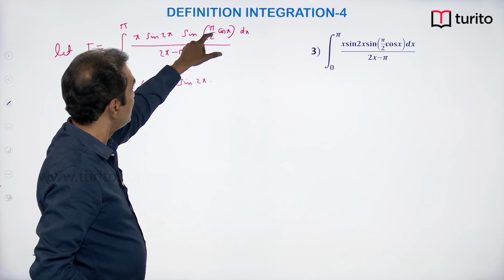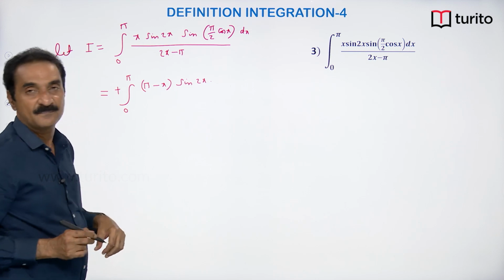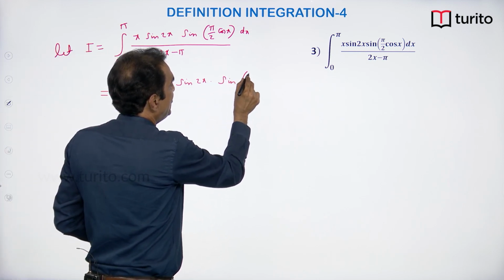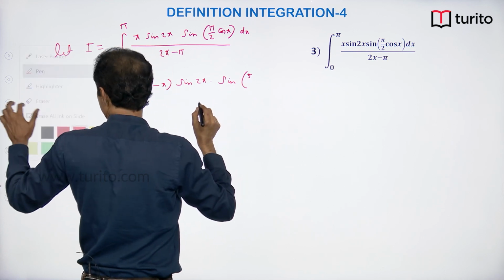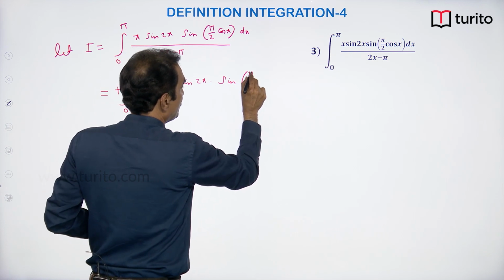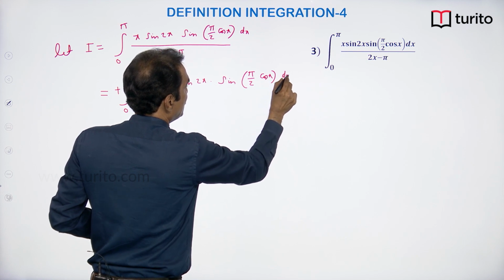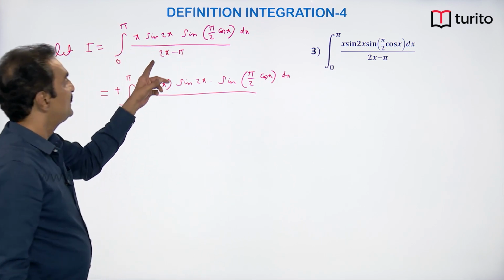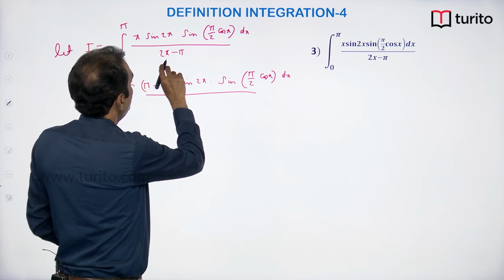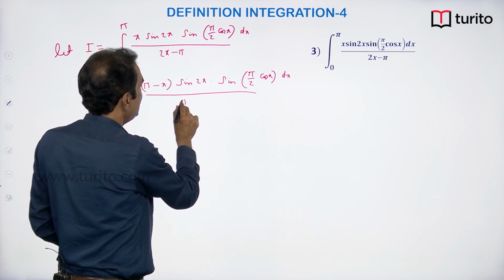And that minus sign comes out of the sine, then this minus becomes plus. So it will be sin of pi by 2 cos x dx by, replacing x by pi minus x, 2 into pi minus x minus pi, that will be pi minus 2x.